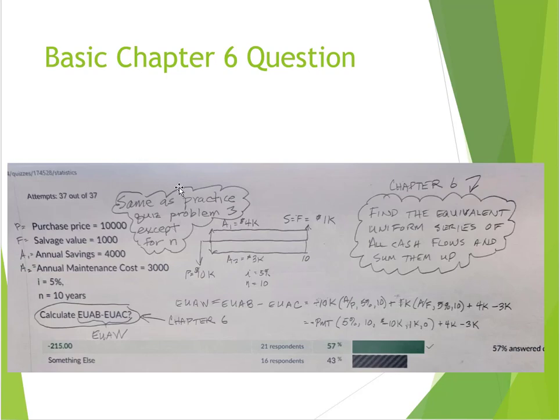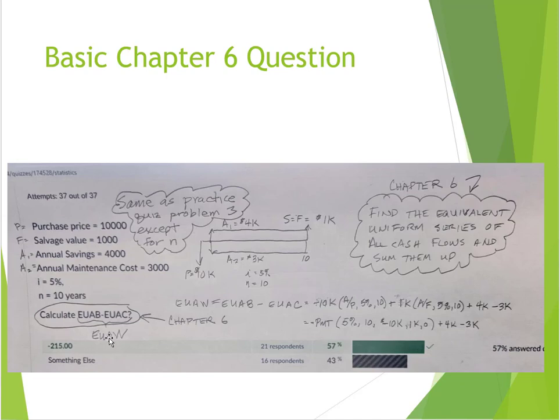This is a classic chapter 6 question. Given purchase price, salvage value, annual savings, annual maintenance cost. Again, a classic cash flow diagram. Interest rate 5% and 10 years. What is EUAB minus EUAC?